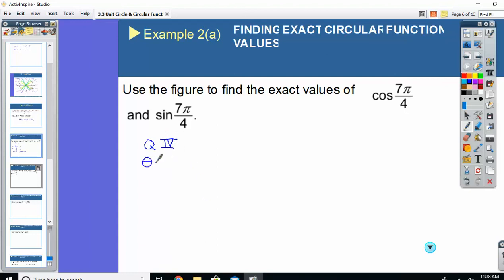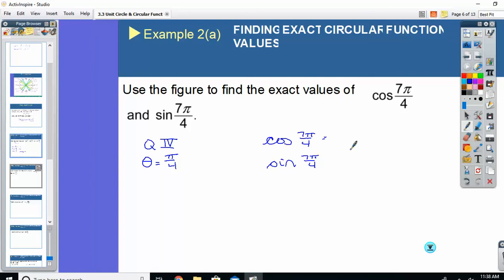Reference angles in radians are easy. It's just pi over 4. In quadrant 4, is cosine positive or negative? Positive. Pi over 4 is like 45 degrees.